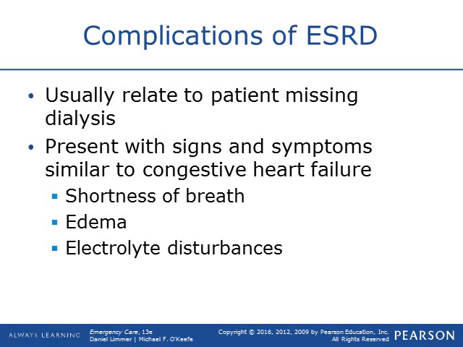If a patient has been very ill or didn't have a way to get to dialysis, they can become very, very sick: short of breath, develop edema in their legs and their lungs, or electrolyte disturbances. Their pH balances could be way off. They could be acidic. Just really, really sick people if their blood's not getting filtered out.